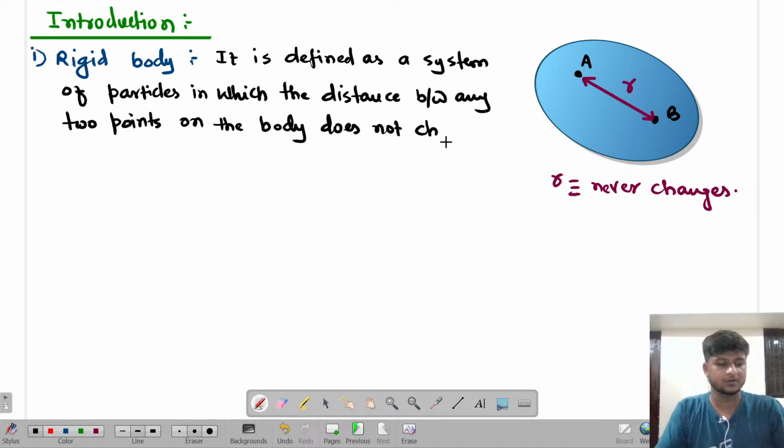Are you able to get me or not? That is called a rigid body: the distance between any two points on the body will never ever change. Are you able to get me or not?